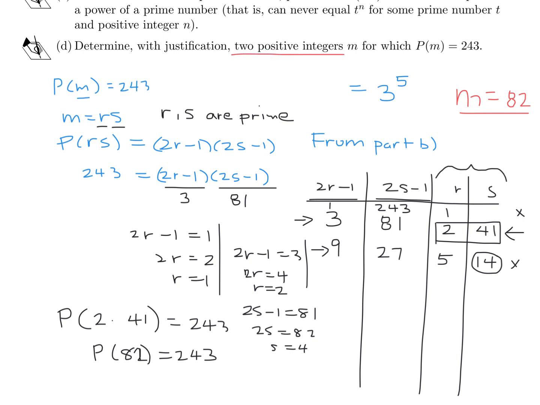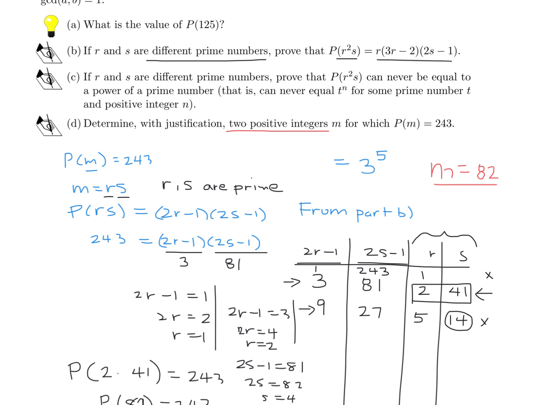Okay, so here we go. We gotta do the same thing, but we gotta do a different technique this time. So this time, I'm gonna try PR squared S and see if that equals 243. Now from part C, if you remember part C, let's go back and read it again. It says that PR squared S can never be equal to the power of a prime number.